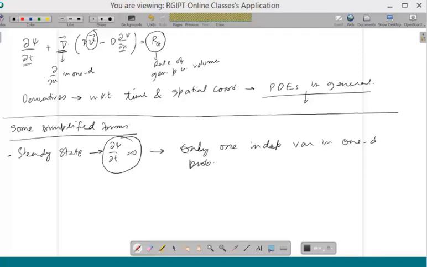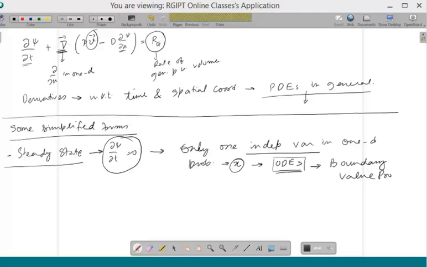Everything else depends on this x. This is an example of ODEs, ordinary differential equations. So steady state oftentimes leads you to ODEs, and usually these are a special class of problems called boundary value problems.